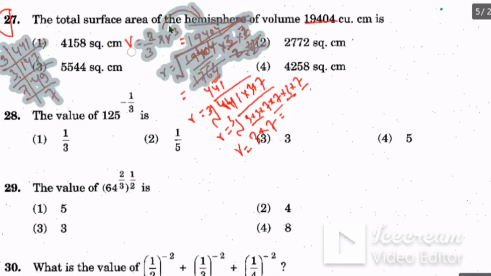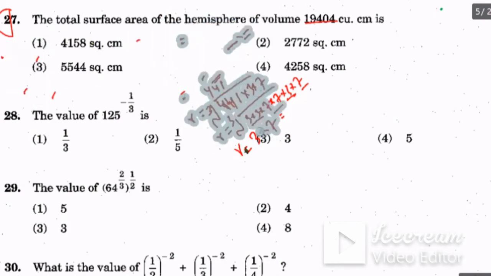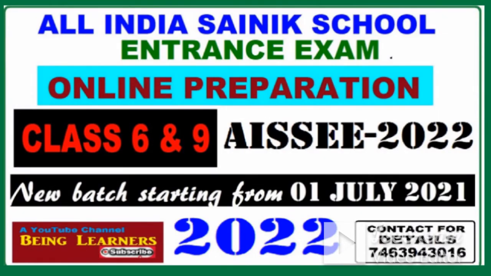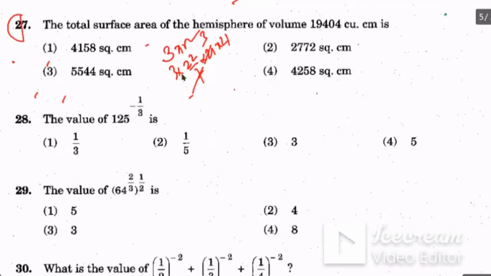So here you got the r. Now you can easily put it in the formula for the total surface area. So total surface area is 3 times pi r square. So 3 times 22 by 7 into 21 into 21. So 3 7s are 21. So what you will get, 3 2s are 6, 66, and this one 63. 21 3s are 63.